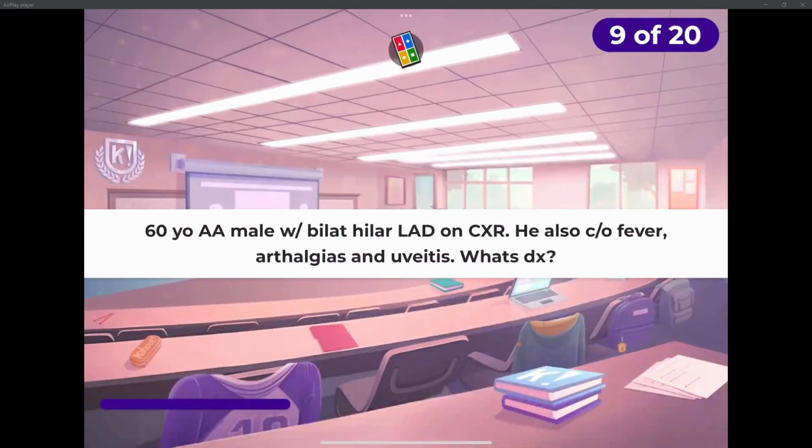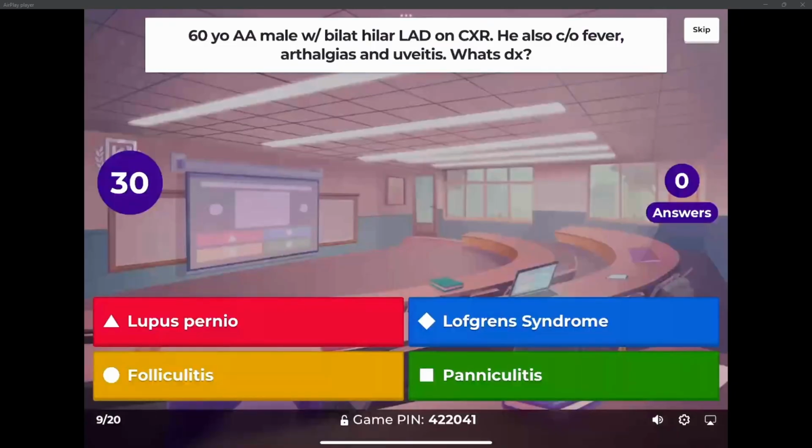Okay, 66-year-old African-American male with bilateral hilar lymphadenopathy on chest x-ray, also has a fever, arthralgias, and uveitis. What's the diagnosis? Again, if you didn't study, you're not going to know this one, but take a guess. But work backwards if you don't know. If you know something else.